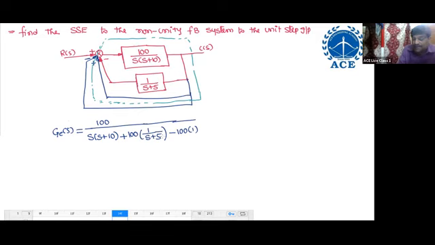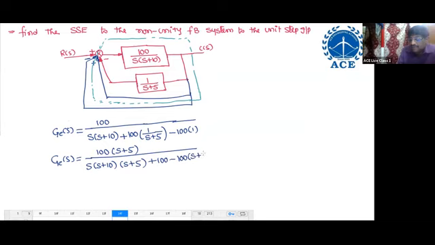Again plus, opposite sign means minus. Numerator term 100, feedback gain 1. So now simplify this. GE of S equals 100 into S plus 5 divided by S into S plus 10 into S plus 5 plus 100 minus 100 into S plus 5.